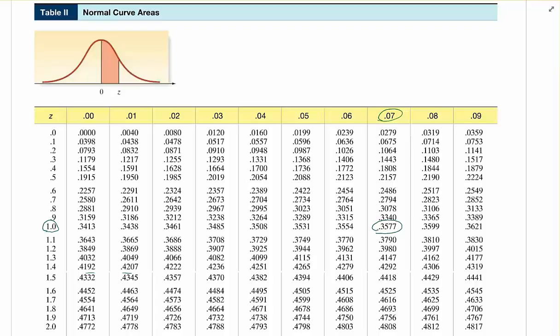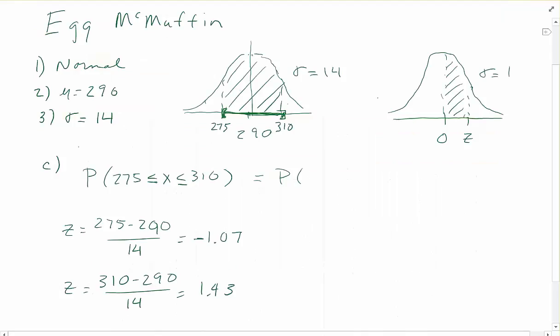And then I also have, for the 310, I've got 1.43, so there's the 1.4, and the 0.03, so I get 0.4236.